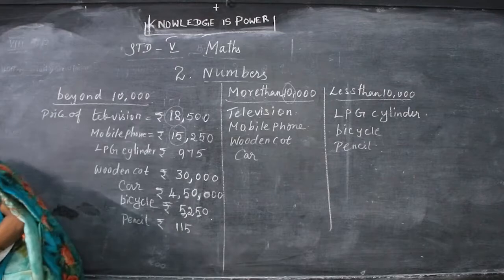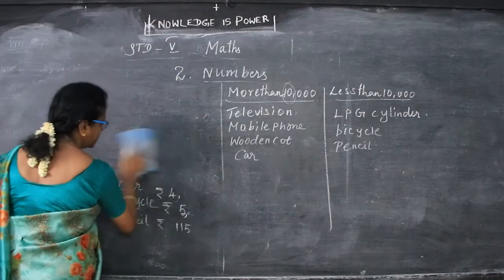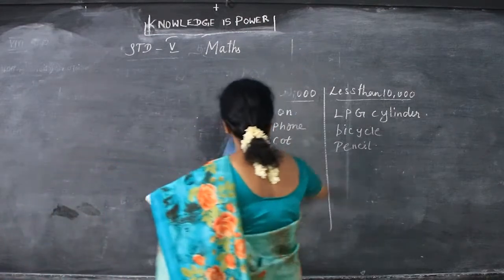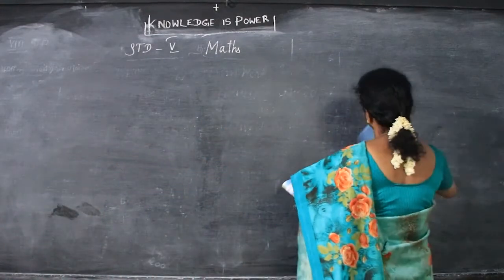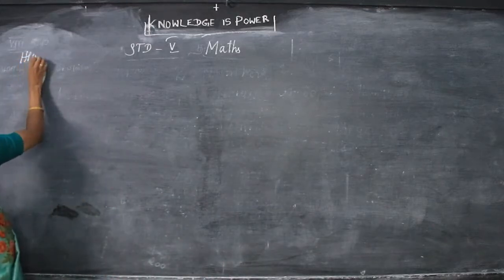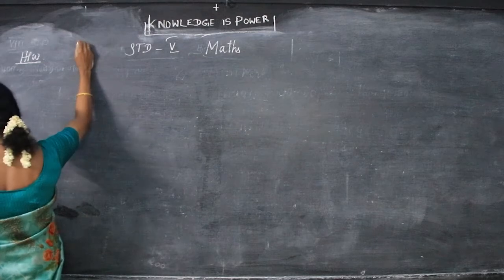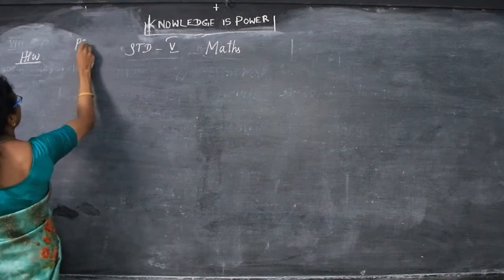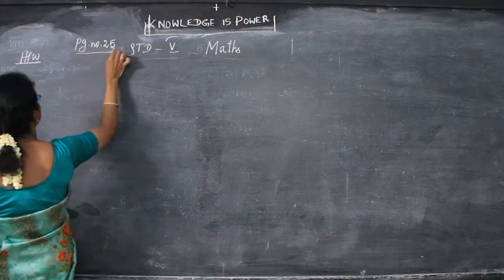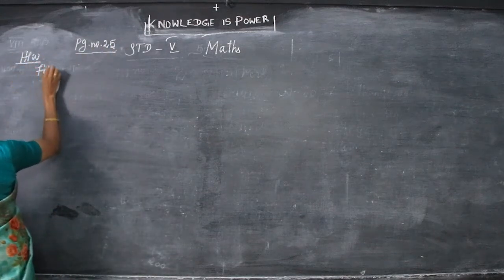So your homework is 10,001, 10,002, 10,003. You can practice it, it is easy for your children. So your homework is to fill in the table.